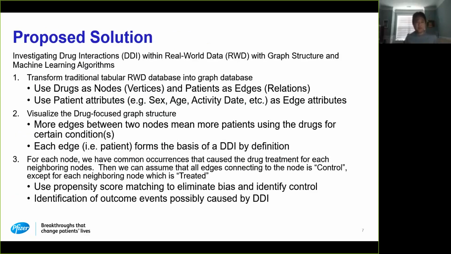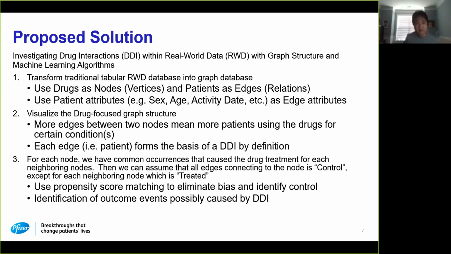So the proposed solution is to investigate the drug interactions with this data using the graph structure and machine learning algorithm. That was the proposed solution. So we convert this traditional data into a graph database or graph structure in this case. I didn't necessarily use a graph DB such as Neo4j, but just the structure, as this is a proof of concept.